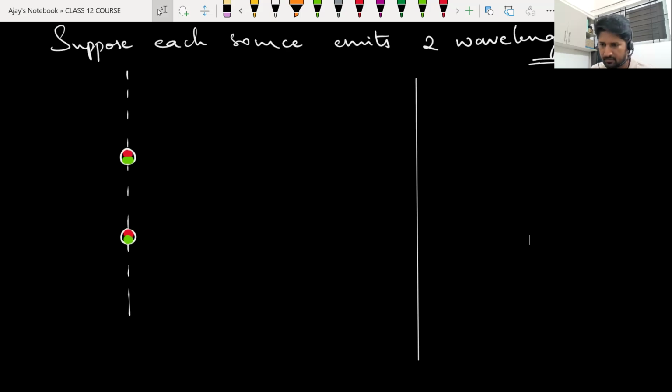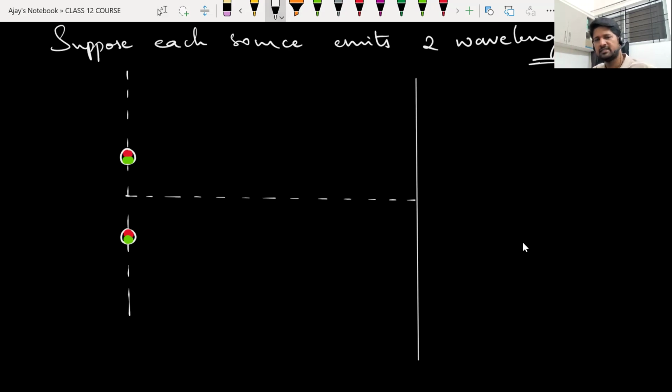Two different points of light, like one from one of the source and the other from the other source. See, not one from one source and other from other source.